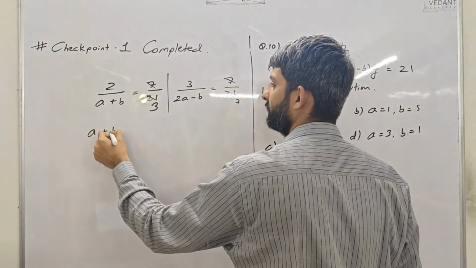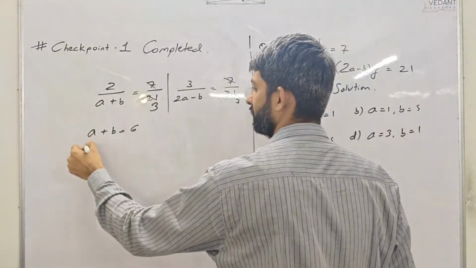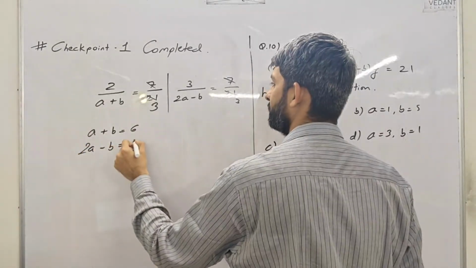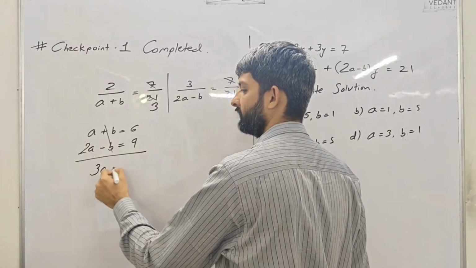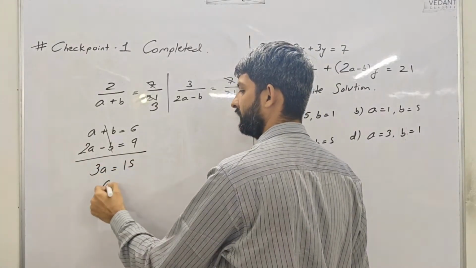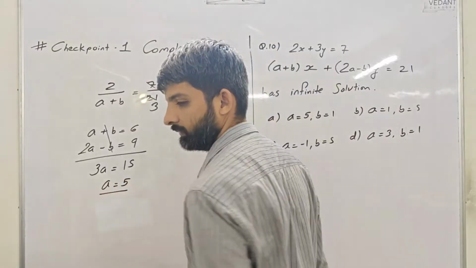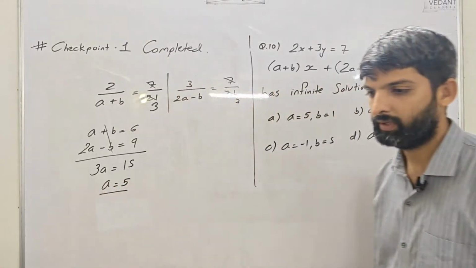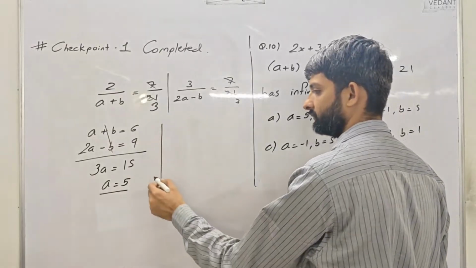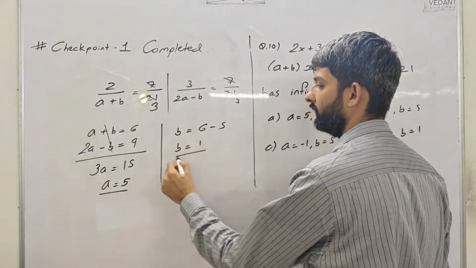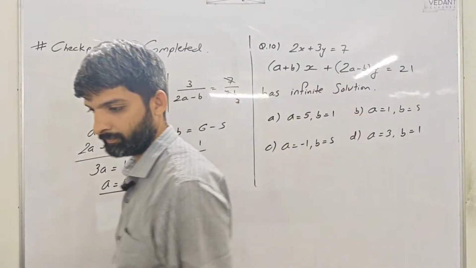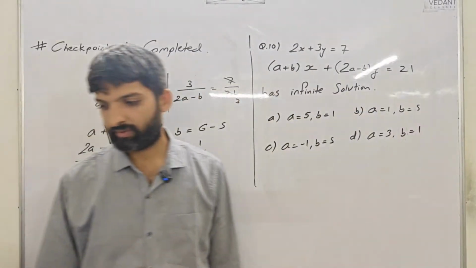So a plus b will be equal to 6, and for this 2a minus b will be equal to 9. When you add both this by elimination, so 3a is equal to 15. So value of a is 5. Simple. Value of a will be 5, and so value of b will be 6 minus 5. Value of b will be 1. So I hope it is clear.